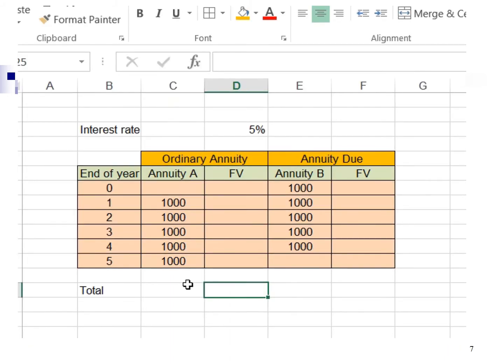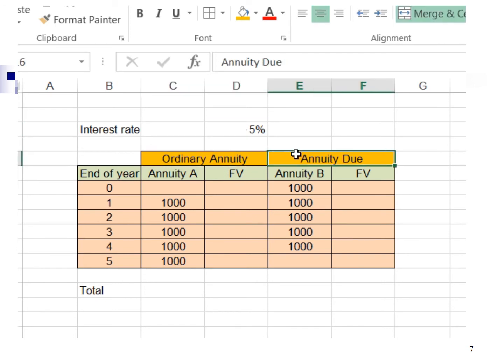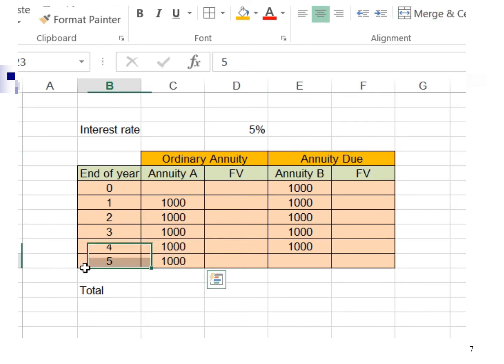Now I would like to show you how to calculate the future value of annuity using formula. In this example, let's assume the interest rate is 5%. There are two types of annuity here, ordinary annuity and annuity due. The cash flows are 1,000 for 5 years.